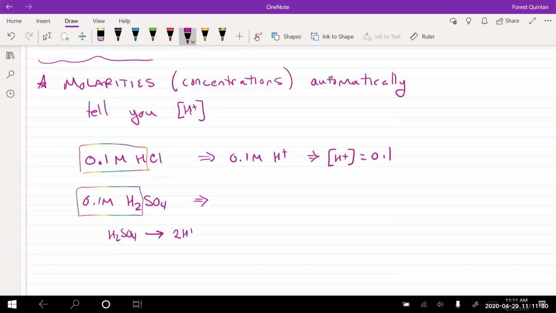That means that that's going to give us 2 H pluses and an SO4 2 minus. So for every one of these, we get 2 of the hydrogens. So if my sulfuric acid is 0.1, then my H plus is 0.2. Yadira, does that make sense now?